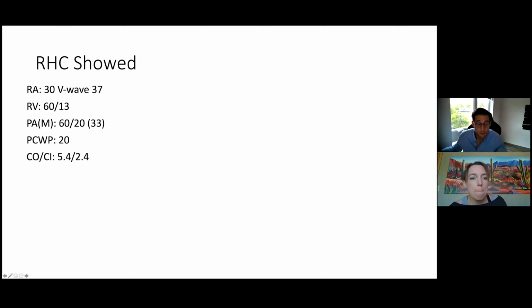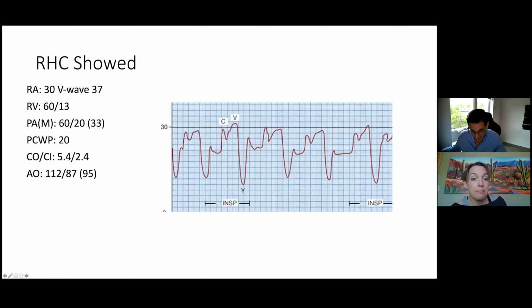Ooh. Cardiac output by Fick 5.4, cardiac index 2.4, and the aortic pressure was 122/87 with a MAP of 95. Okay. Oh, this is beautiful.